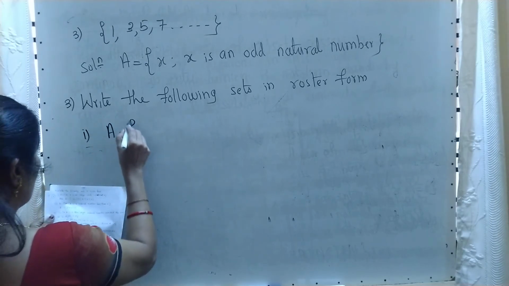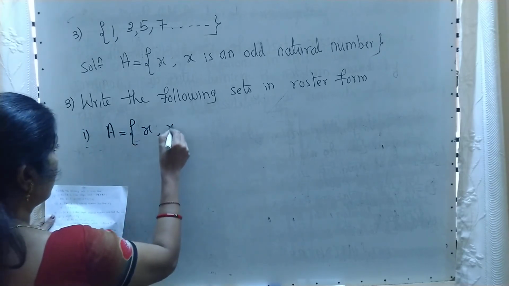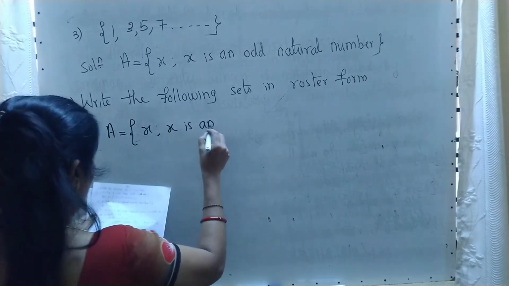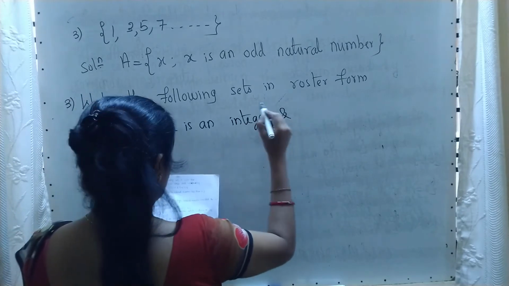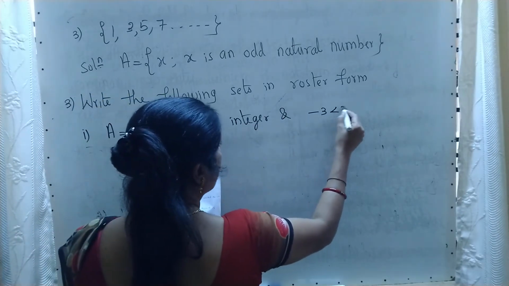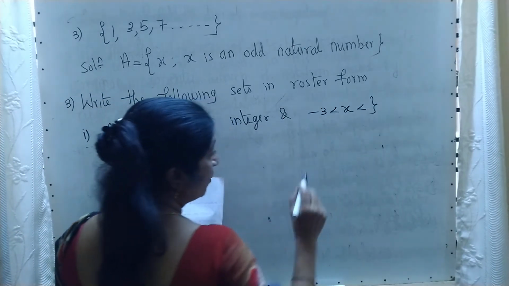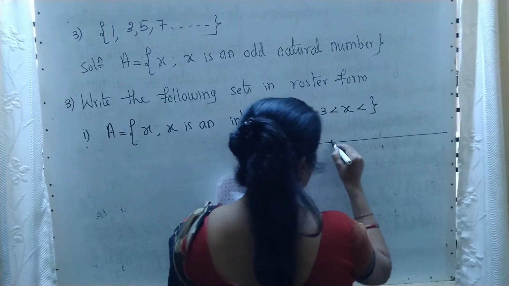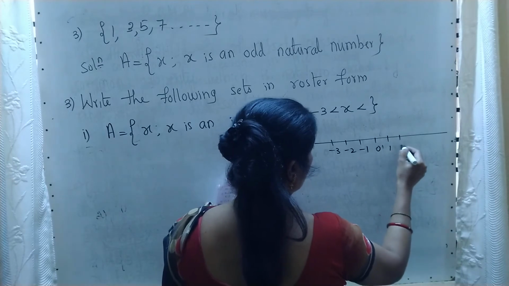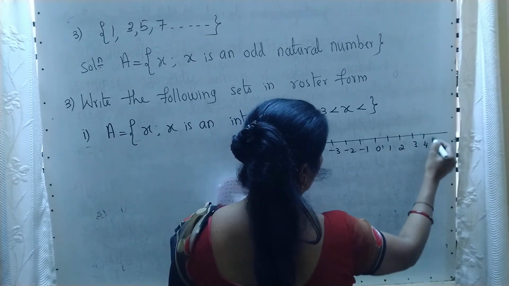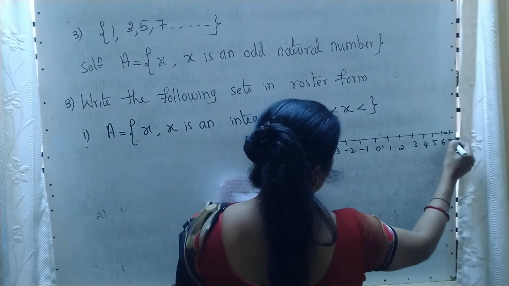A is equal to {x such that x is an integer and it is lying between -3 and 7}. Are you familiar with the number line? So it is -3, -2, -1, 0, 1, 2, 3, 4, 5, 6, 7.